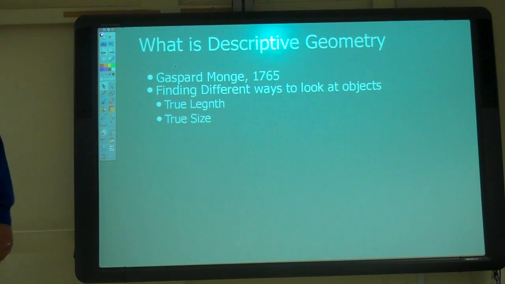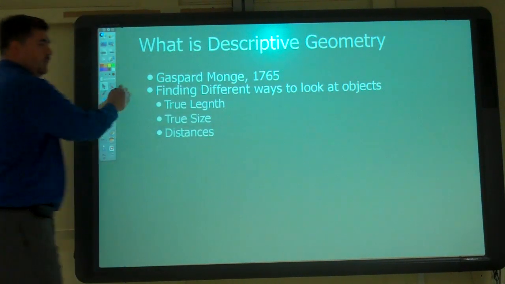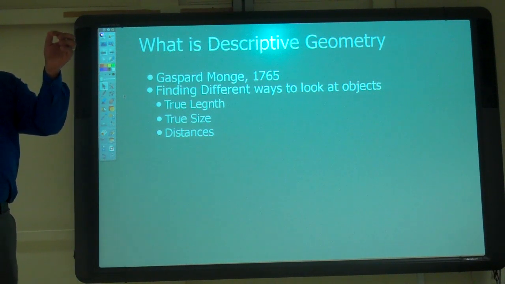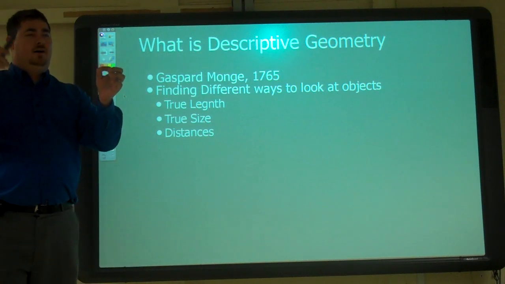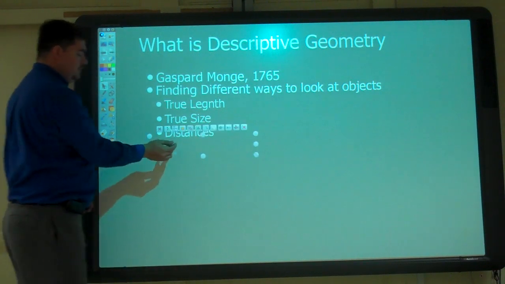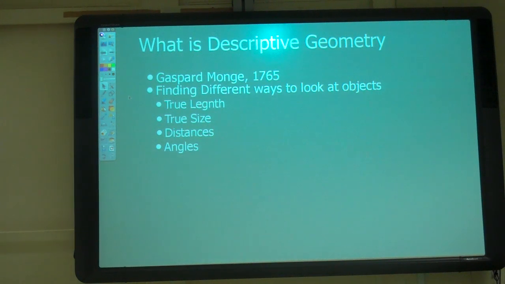True size. Distances between things. So if I had that line and a point here, how far are they apart? We'd have to find the distance straight between them, right? Not what we think of from any one view. And then also angles between things.